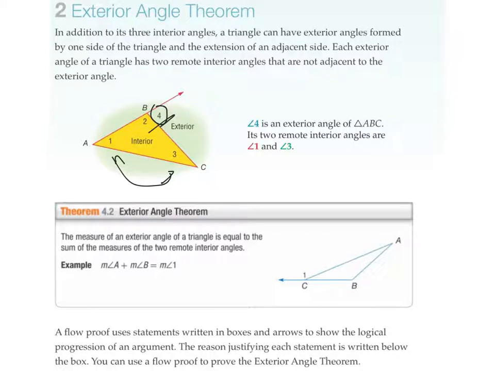Well, angle 1 and 3, if you add these two together, must equal whatever angle 4 is, because angle 2 is going to be the same whether it's a linear pair or, in this case, the angle sum theorem, both of them are 180 degrees. So if you go back to the theorem, angle A and angle B, which is this guy and this guy, if you add those two together, it must equal whatever angle 1 is, the exterior angle theorem.